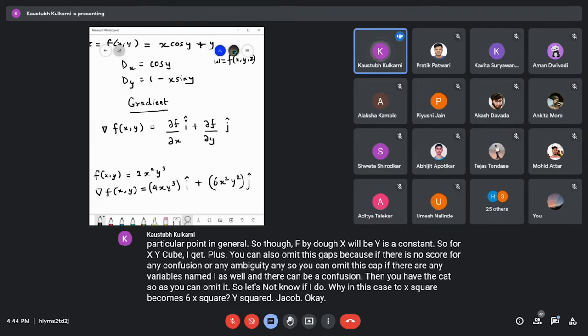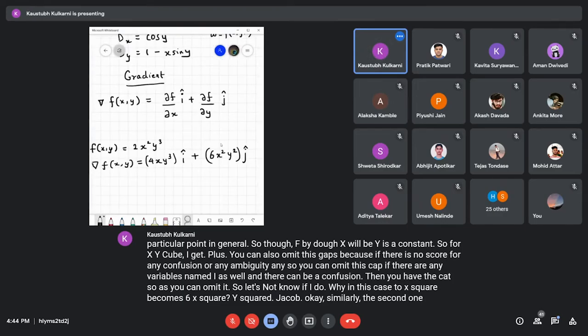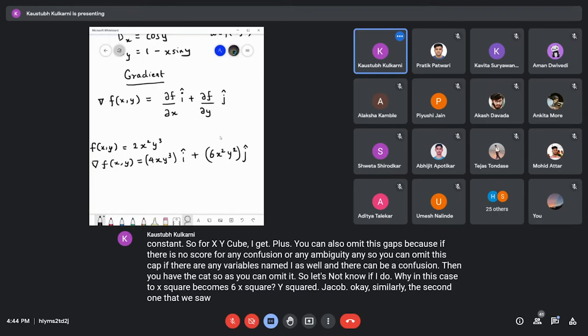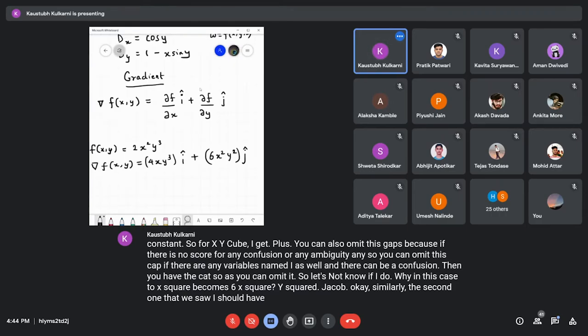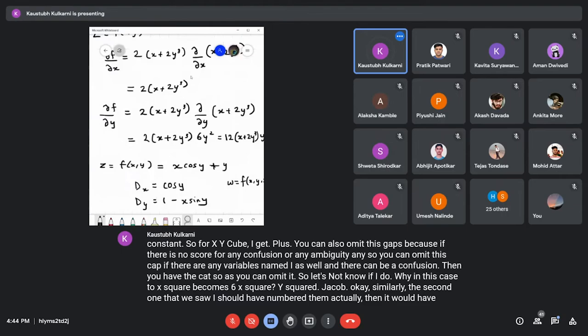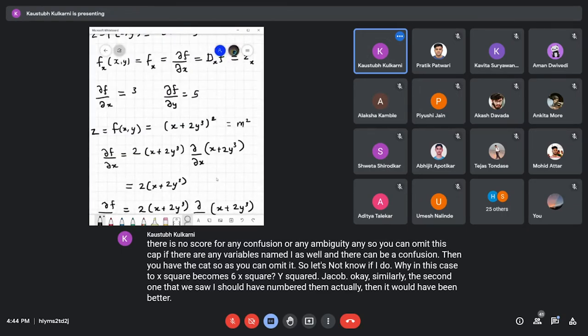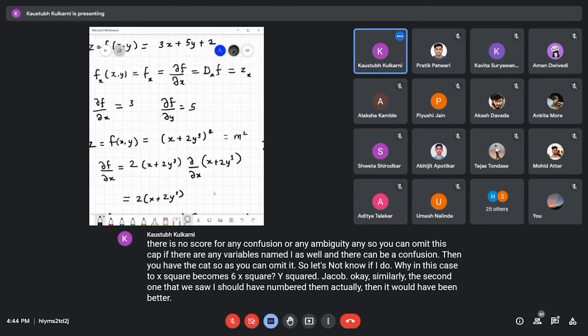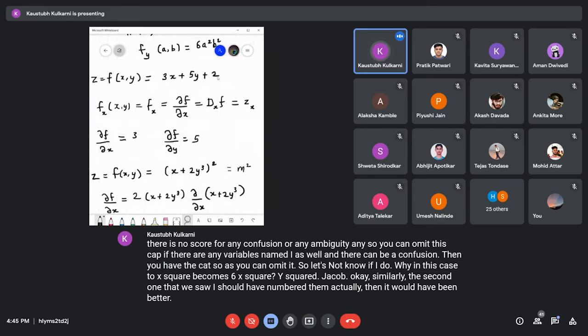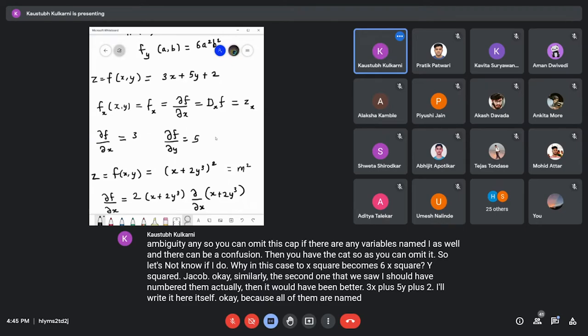Okay, similarly the second one that we saw, I should have numbered them actually, then it would have been better. 3x plus 5y plus 2. I'll write it here itself, because all of them are named f coincidentally.